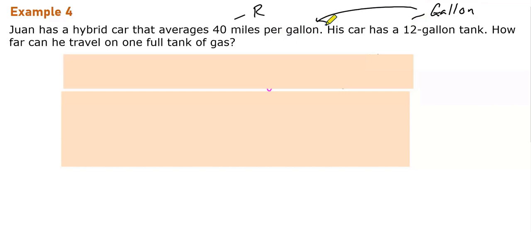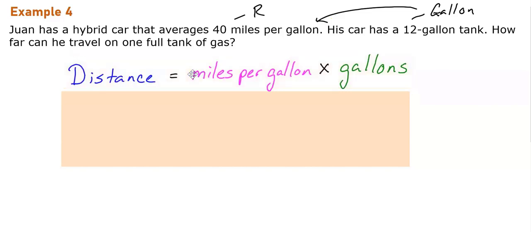Okay, so how far can he travel on one full tank of gas? So the distance would be equal to the miles per gallon times the number of gallons. It's similar to our distance formula when we're talking about rate.